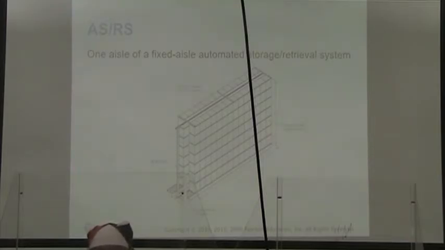There's a machine here, the storage and retrieval machine, that goes up and down the aisle and can store in any of these storage modules. All right, we define this by the length of it and the height.